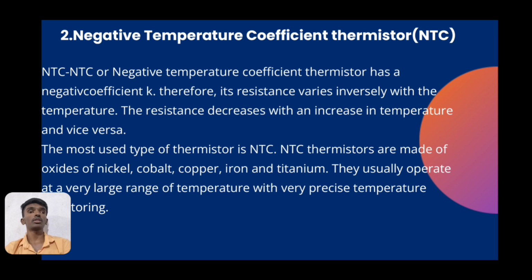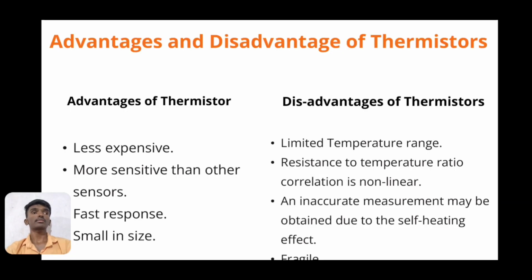The most used type of thermistor is NTC. NTC thermistors are made up of oxides of nickel, cobalt, copper, iron, titanium. They usually operate over a very large range of temperature with very precise temperature monitoring. Let's see the advantages and disadvantages of thermistor.